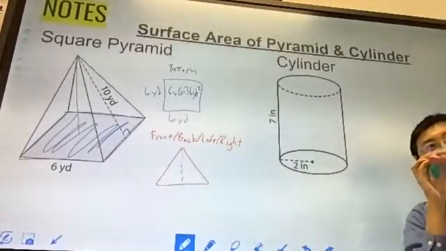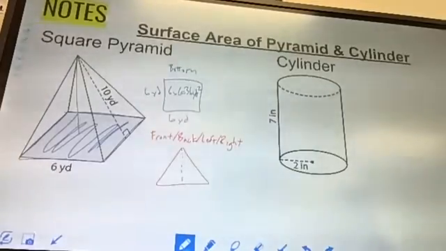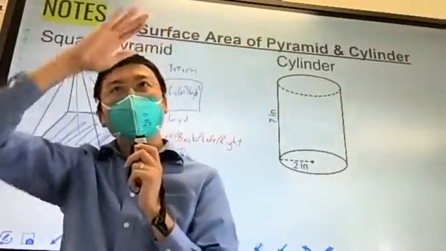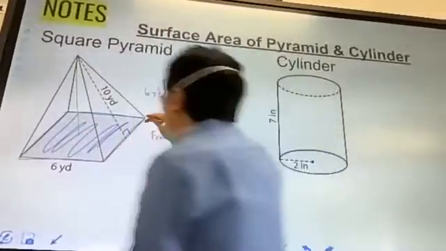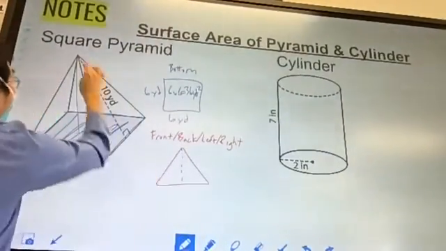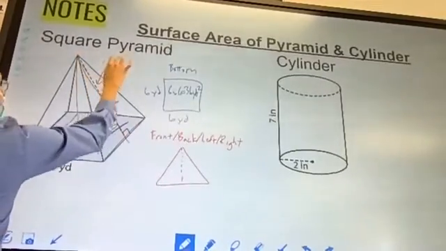What do you call this on the side? It's not a side height, it's called a slant height. Does that make sense? It's slanted, the height is slanted, okay? So this 10 right here, you want to label this on your work also. This 10 is called the slant height.